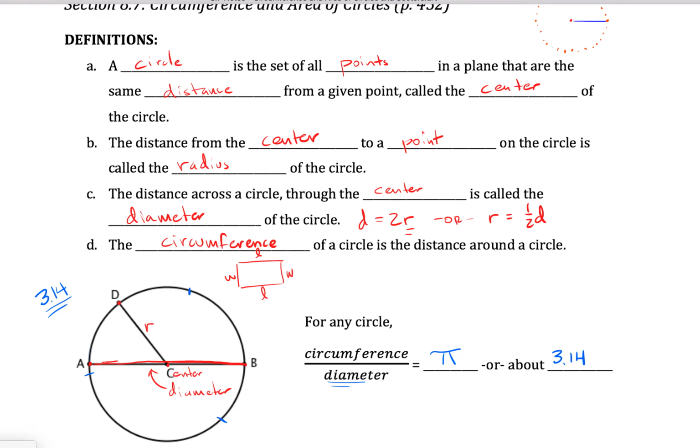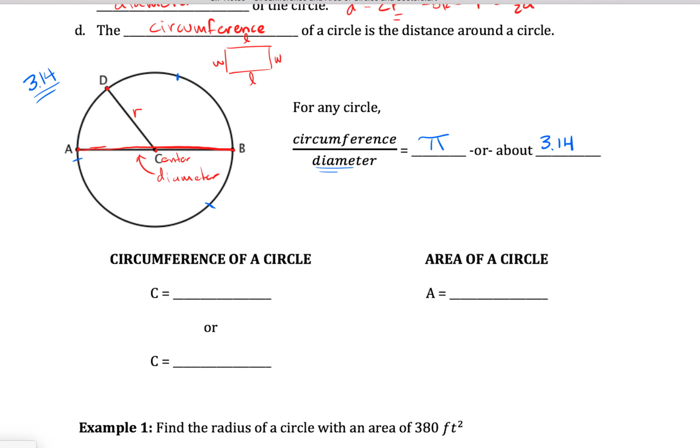So this idea of pi comes from the fact that it takes a little more than 3 diameters to go around a circle. But from this relationship, we end up with a couple formulas. The circumference of a circle can be calculated by taking pi and multiplying it times the diameter of a circle.